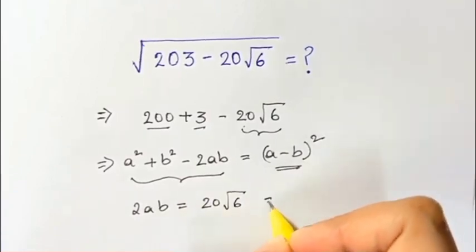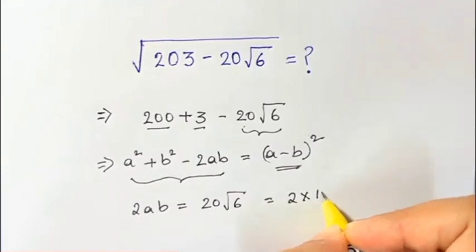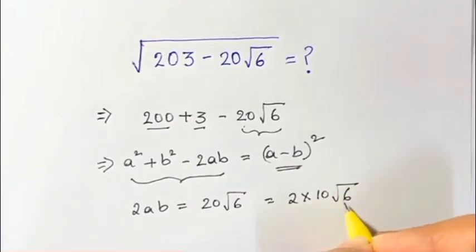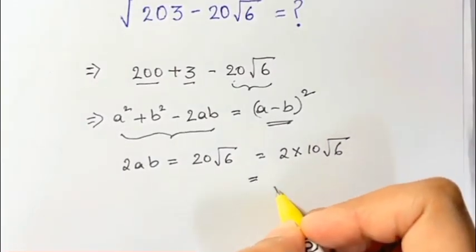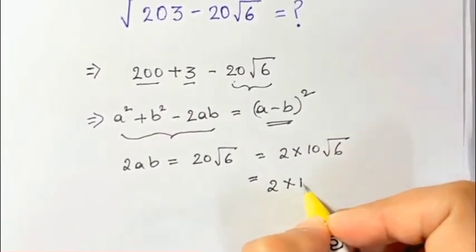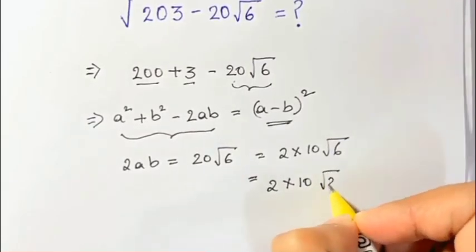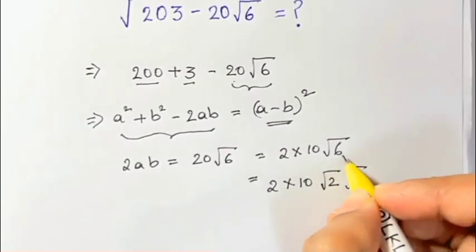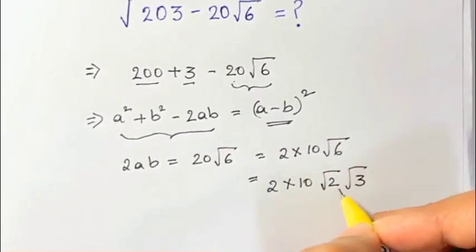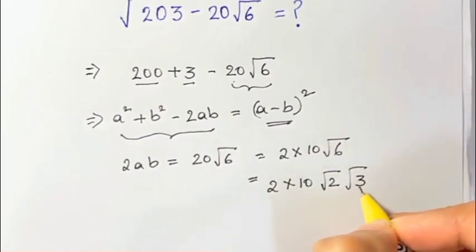Now I can just split it into 2 times 10 root 6, and this root 6 also you can write as square root of 2 times square root of 3. Is that right? 2 times 3 brings you back to 6. So you have 2 times 10 times square root of 2 and square root of 3.